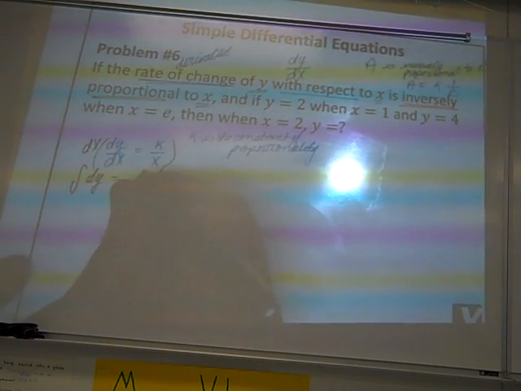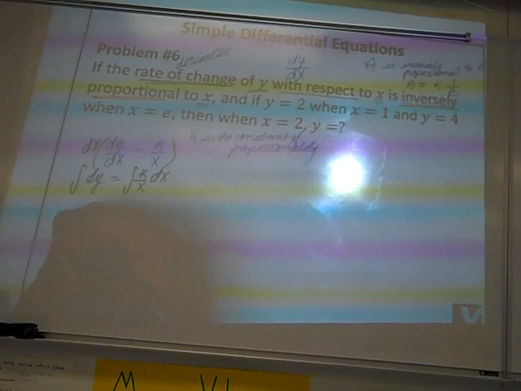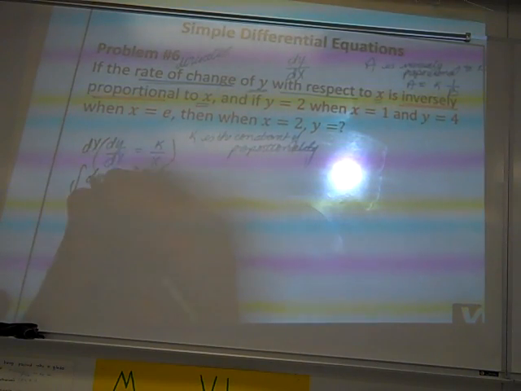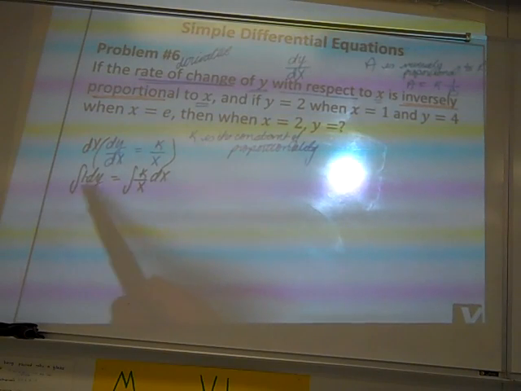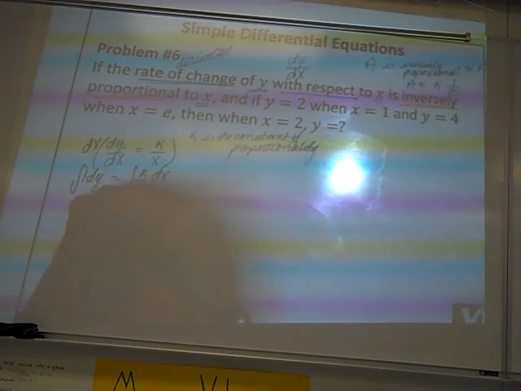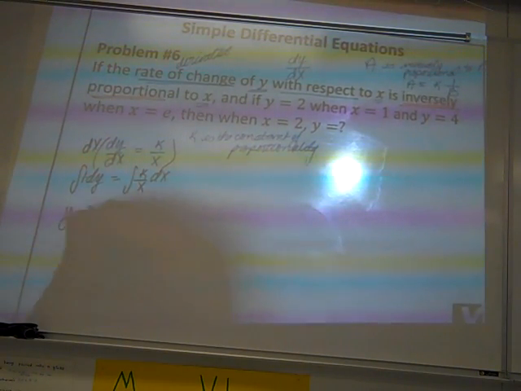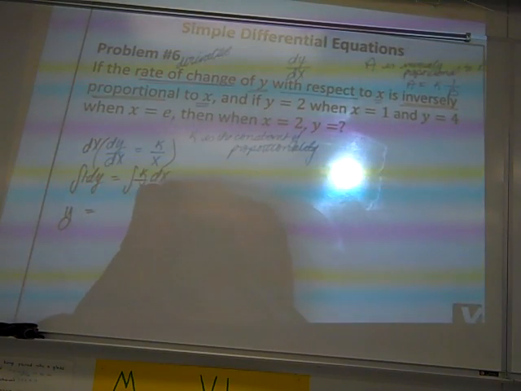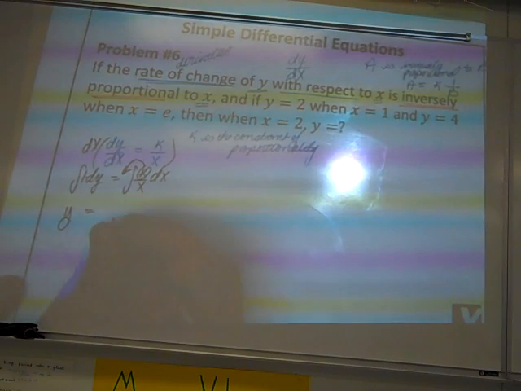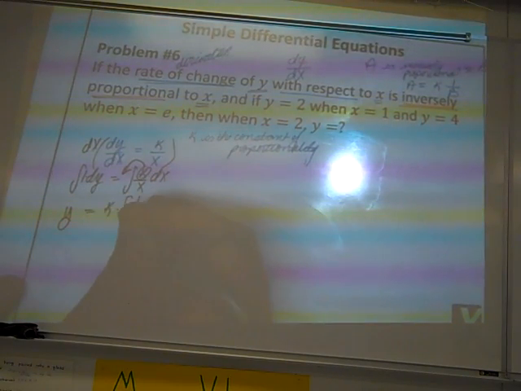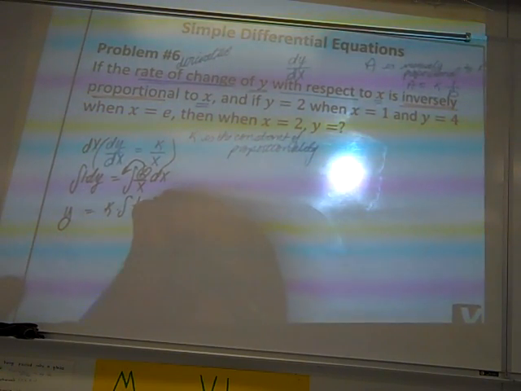I can integrate both sides. The integral of dy, if you're not sure, remember there's a hidden 1 in between the integral and the dy. The integral of 1 dy is just y. The integral of k over x: well, k is a constant, so I can pull the k out in front of the integral.